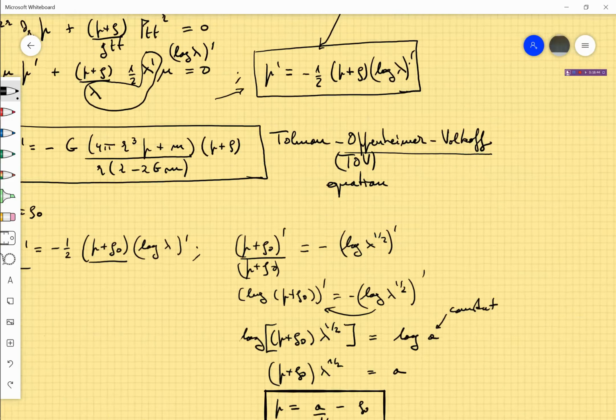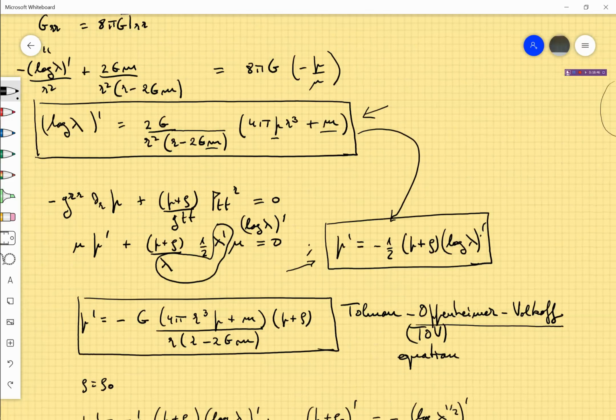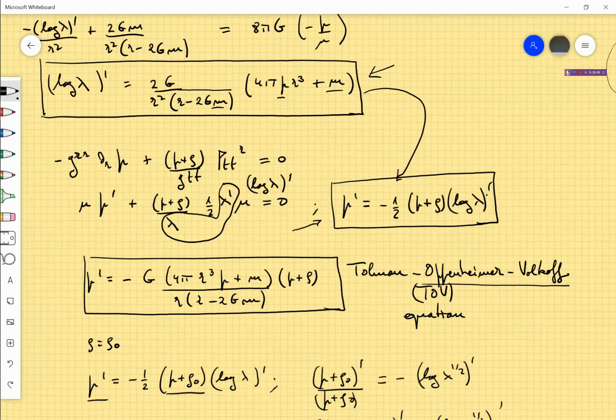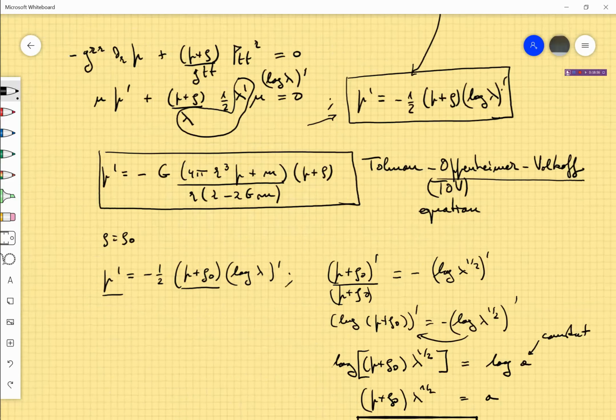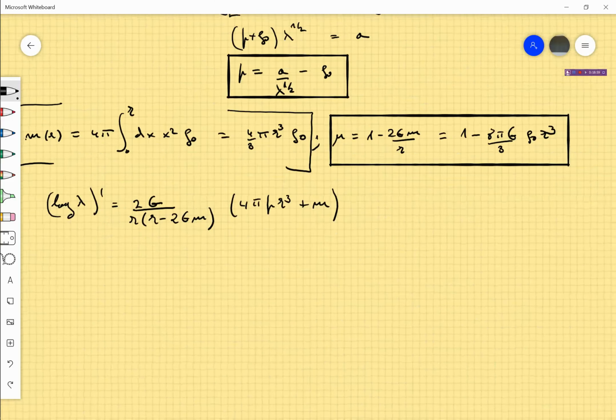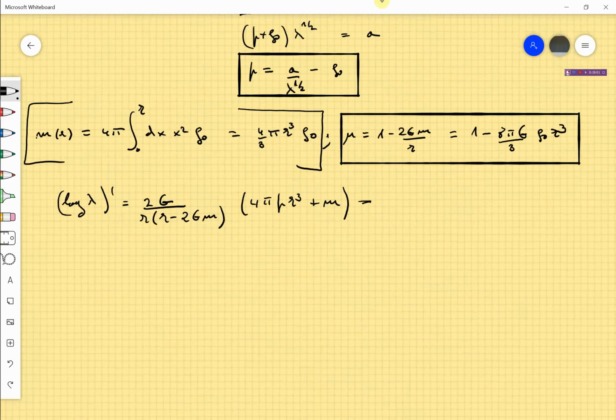Okay, let me check that this is correct. No, I think I made a mistake here. This is just a simple r. Okay, so this is the equation, and now we start substituting.